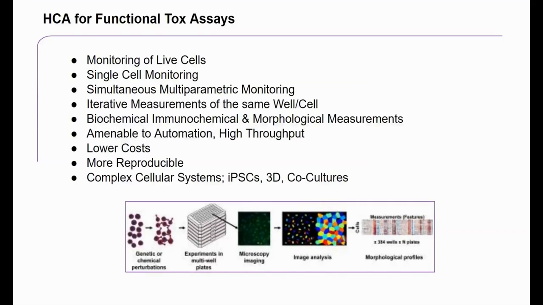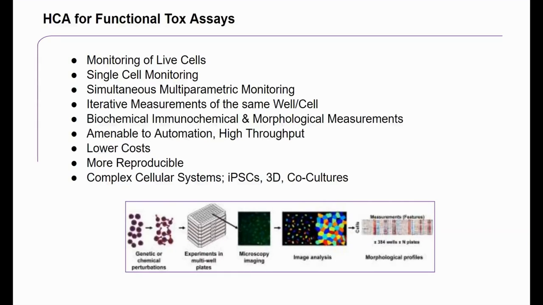So that, in combination with various fluorescent markers, then can give you a very useful opportunity where you can do image analysis, and you can use automated image analysis to extract numeric descriptors of the various labeled organelles or the cells themselves. And so what this gives you then is a very rich, essentially morphological profile of what's going on in a well.